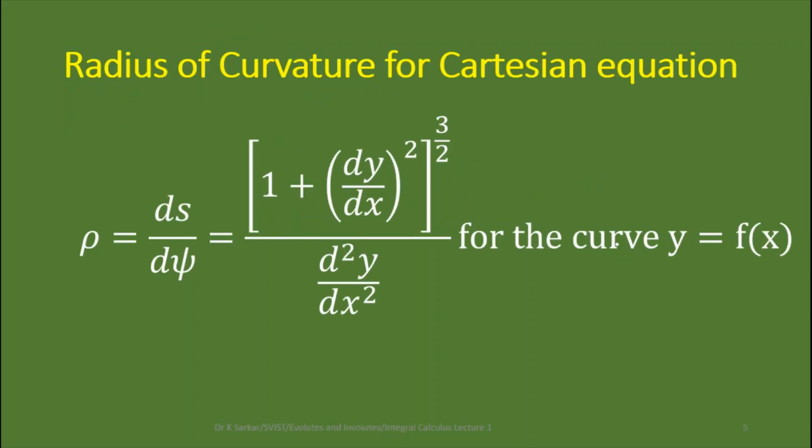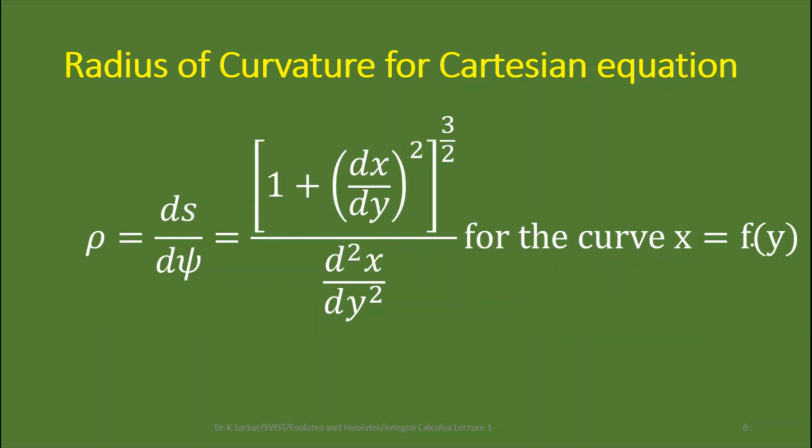Now the same formula for the curve y equals f(x); if we take the Cartesian equation in the form x equals f(y), then you just take the opposite of dy/dx, take it as dx/dy, and the rest of the formula is the same.